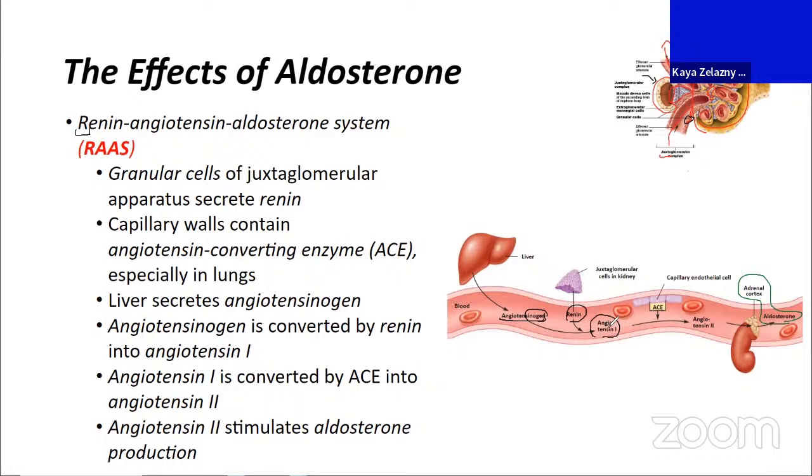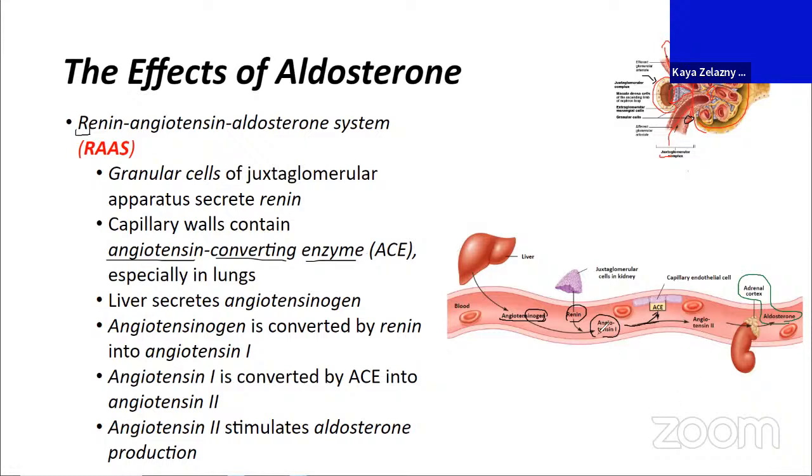Angiotensin 1 swims along and bumps into these enzymes embedded in capillary walls. These are the ACE enzymes, the angiotensin converting enzymes. We also have some receptors related to this, but they're in the walls of the blood vessel.